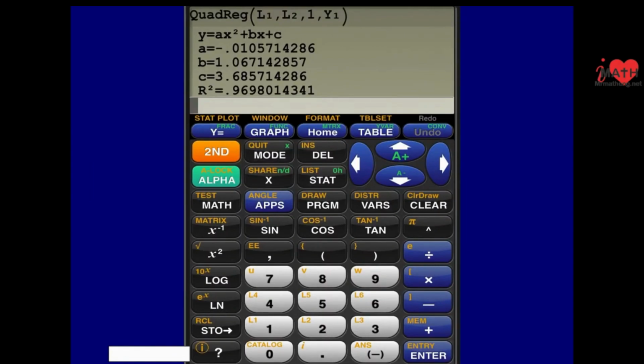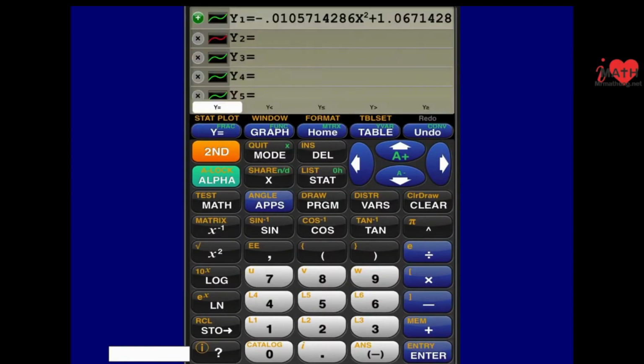I can go to top left, y equals, it's already in there. Now I have to be careful because we rounded. So let me see, can we change these numbers? Yeah. Well, let's just see what happens. Let's see how close we can get. Okay, so here I'm going to do a second table.